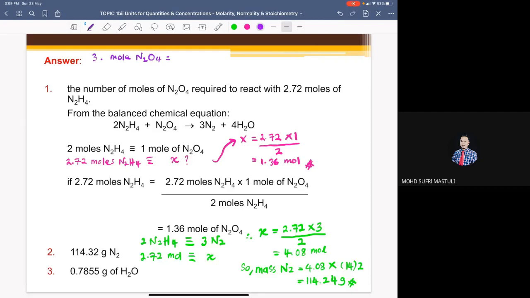Mole is mass, so mole is 1 gram over the molar mass of N2O4. What is the molar mass of N2O4? It is 14 times 2 plus 16 times 4.